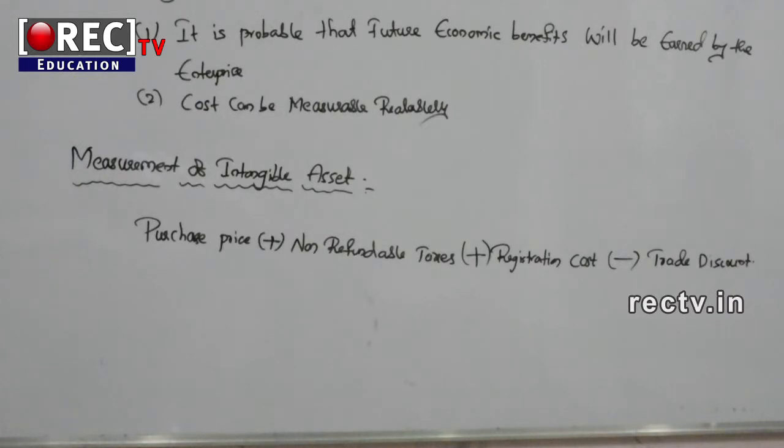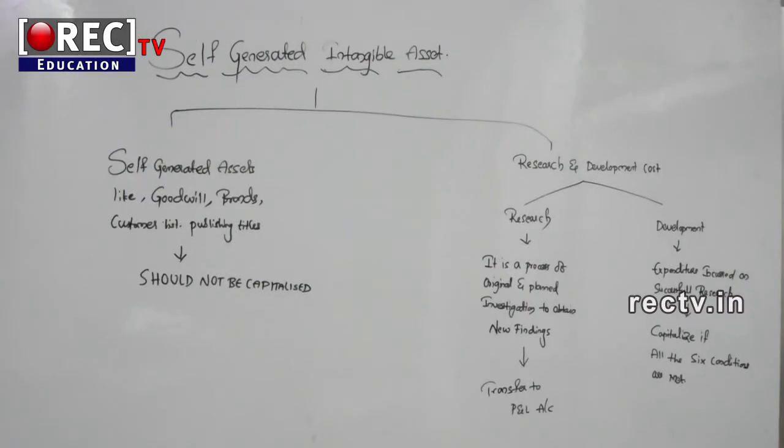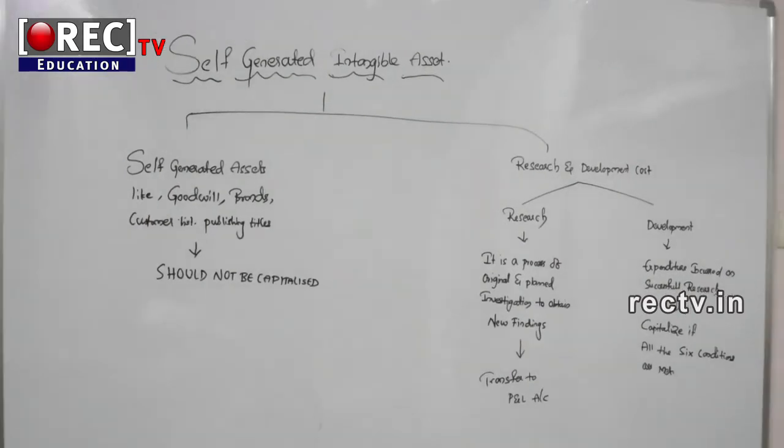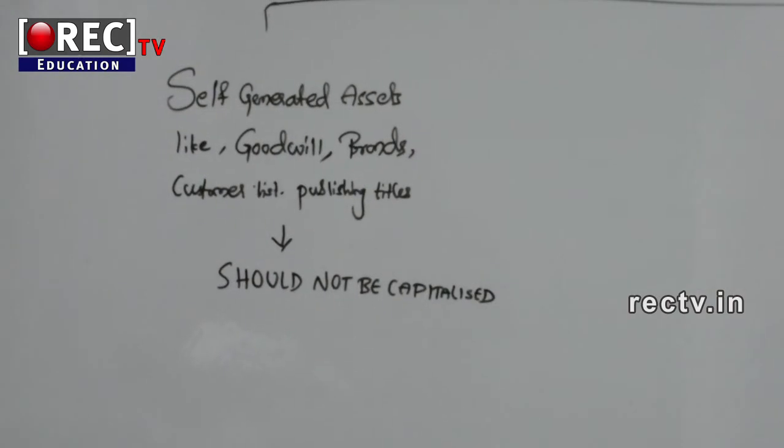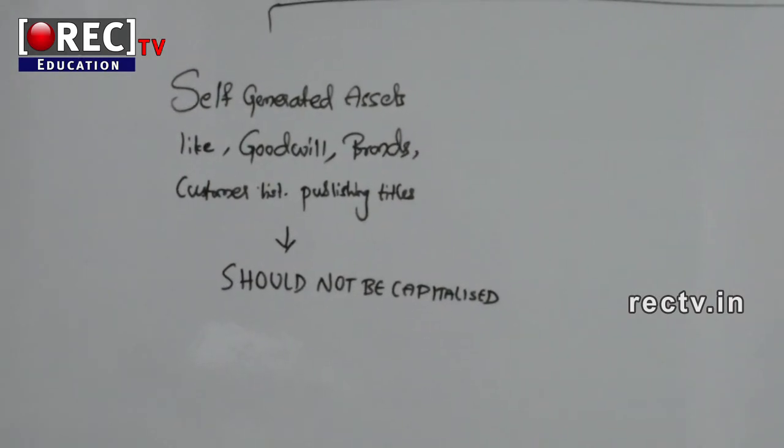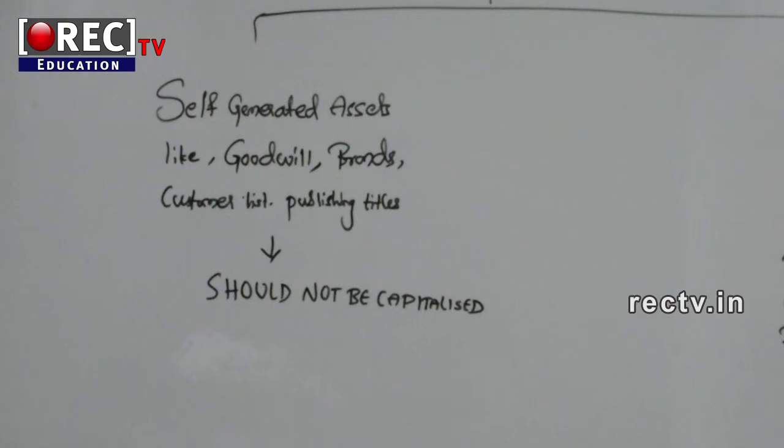Next we are going to discuss self-generated intangible assets. This is divided into two. The first one is self-generated assets like goodwill, brands, customer lists and publishing titles. These should not be capitalized in the balance sheet, because the cost cannot be measured.